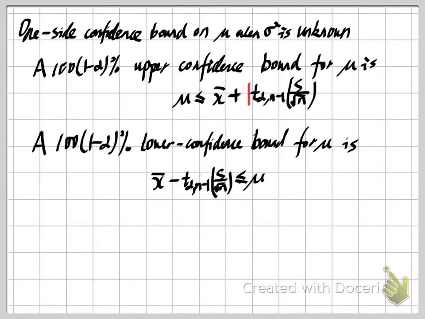Here we also use the t table to find our value t, and we use the sample standard deviation s to substitute the population standard deviation. Here you still need to be careful about the value. Because this is a one-sided confidence bound, we will use alpha, not alpha over 2, for this one-sided case.